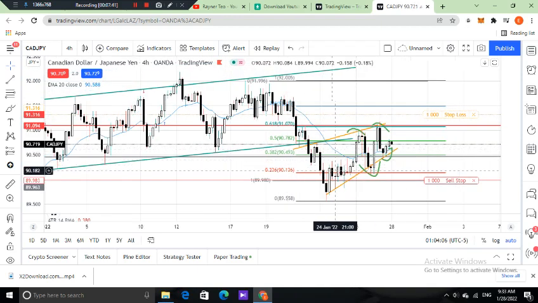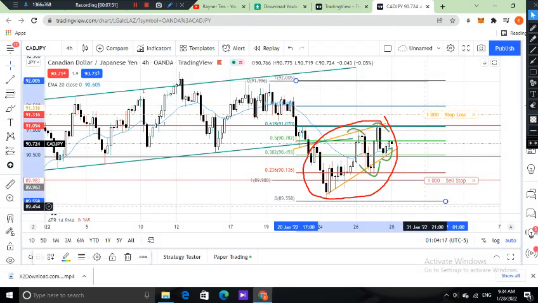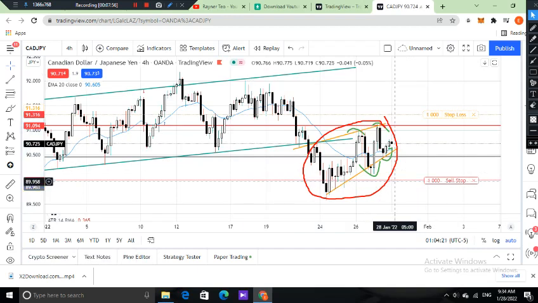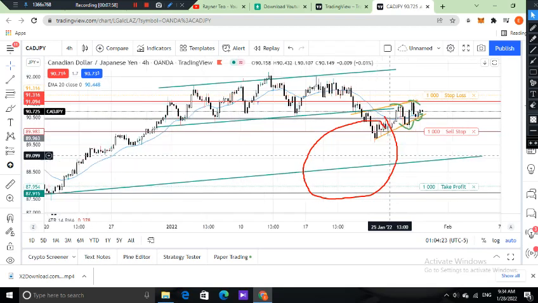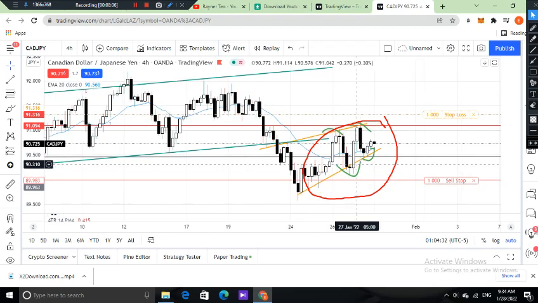This pullback here is kind of like a wedge or some kind of triangle. Here we have these bottoms and tops. We don't have three pushes up.